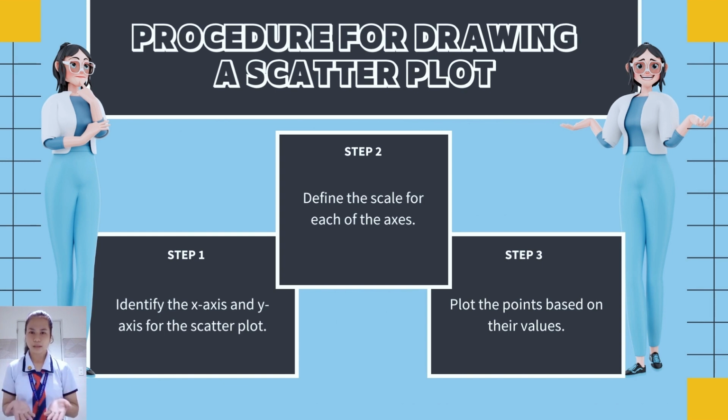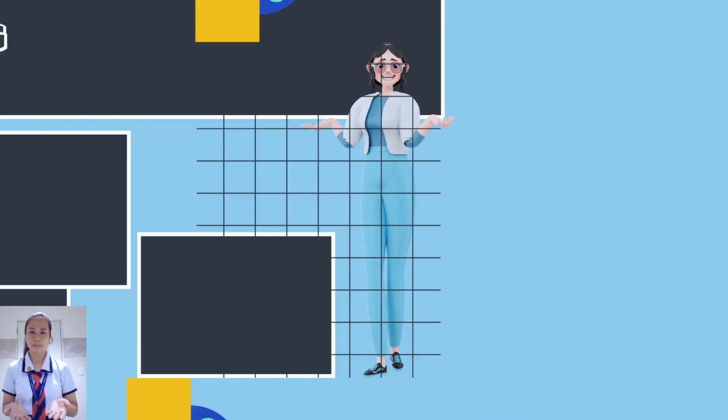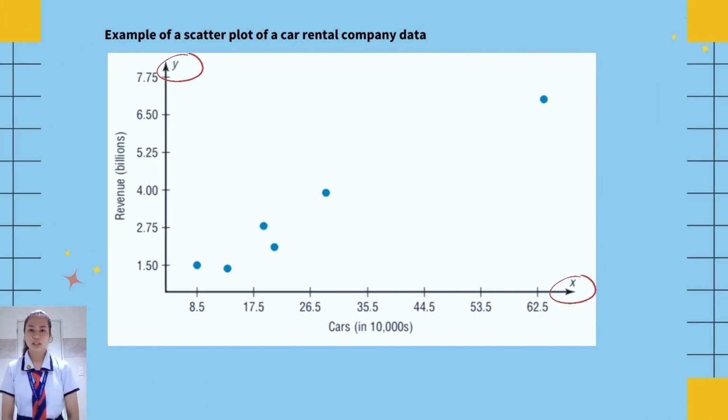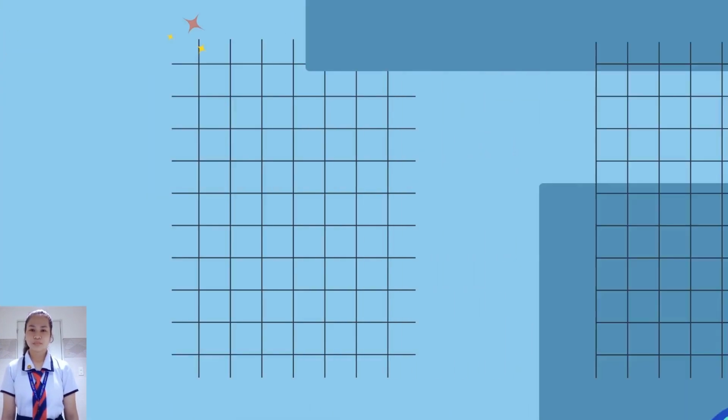From this nice example of data from the car rental companies in the United States for a recent year, the revenue in billions is the y-axis since it is considered the dependent variable, and the cars in 10,000s is the x-axis since it is considered the independent variable. So then, the points are plotted based on their values.